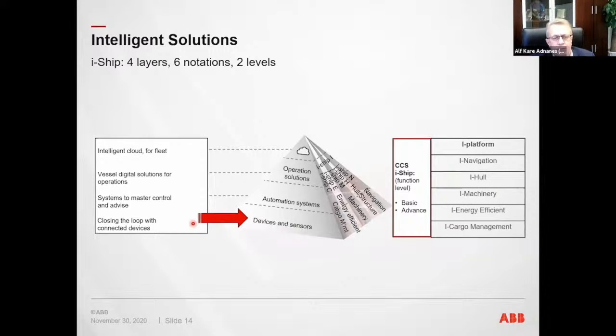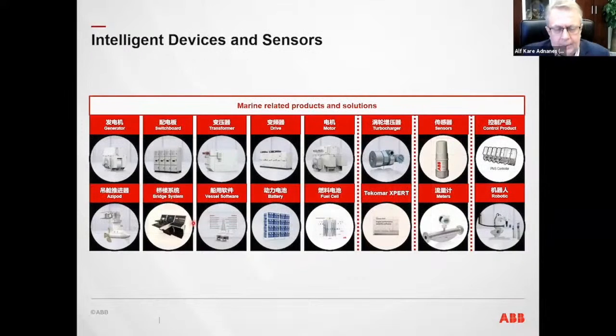The prerequisite for achieving intelligent vessel notations and autonomous operations is to have intelligent devices and intelligent sensors to measure how the vessel performs, how it is navigating, and what the conditions are on board the vessel.